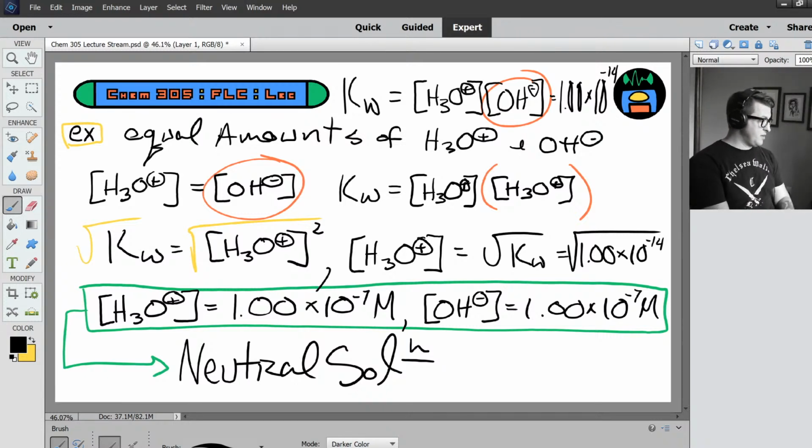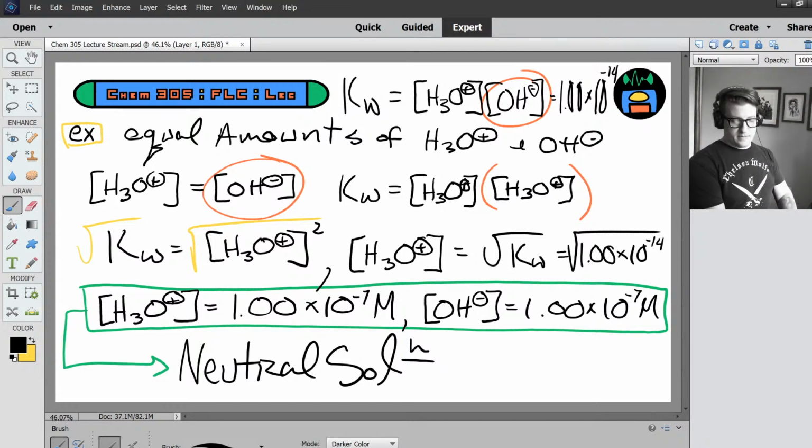So neither is favored. Again, it's called a neutral solution because it does not favor either acid or base.